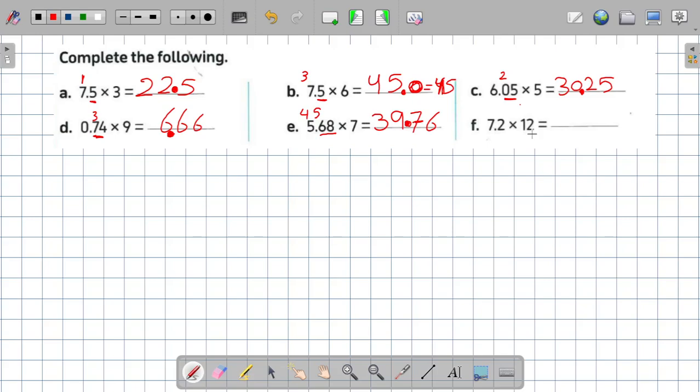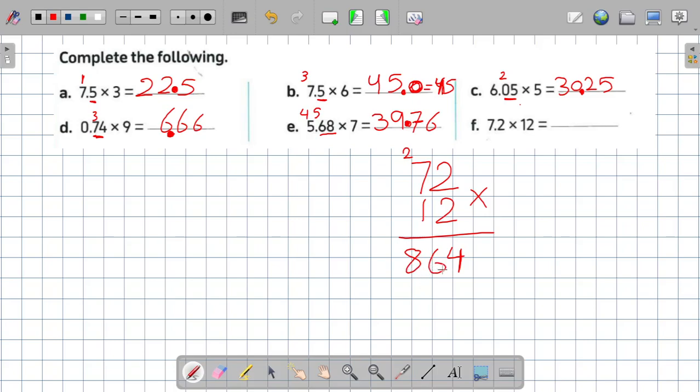7.2 times 12. So I will multiply, and after that I will put the decimal point. So I have 7, 2, and I have 12. Okay, so 12 times 2 equals 24. So I will write 4 and carry up 2. 12 times 7 equals 84. 84 plus 2 equals 86.